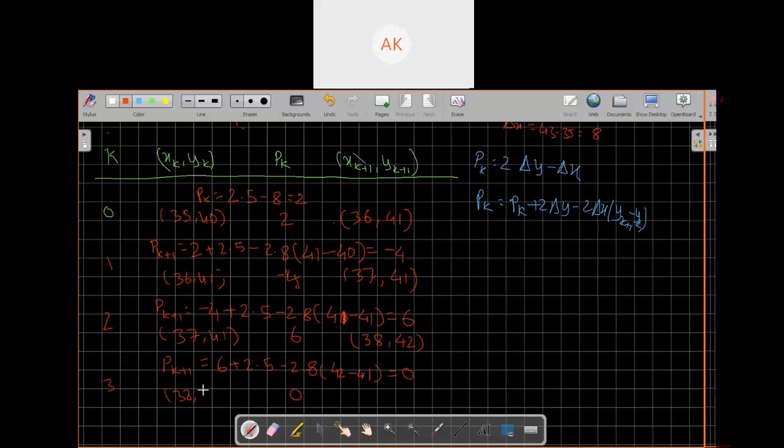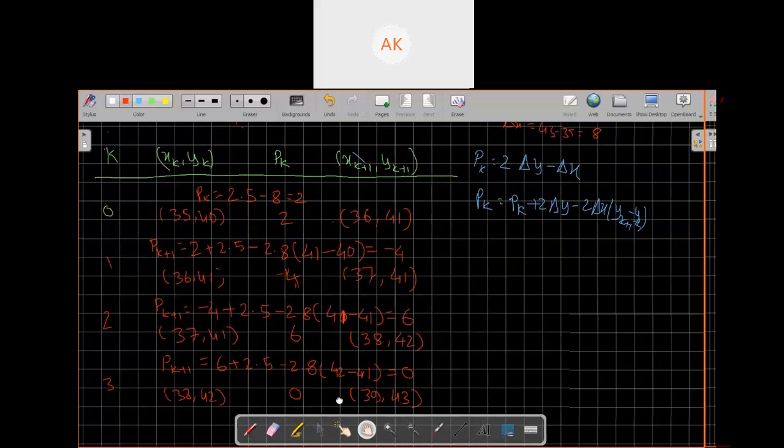Your initial point is 38, 42, and your decision parameter is 0, which means it is greater than or equal to 0. Then xk+1 is 38 plus 1, 39, and yk+1 is 42 plus 1, 43.